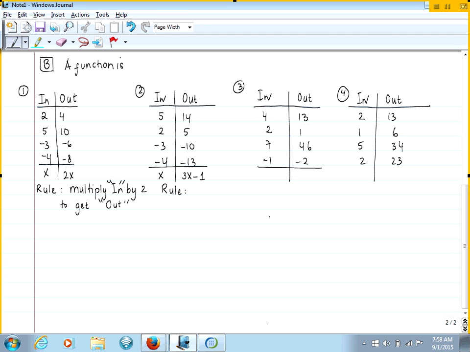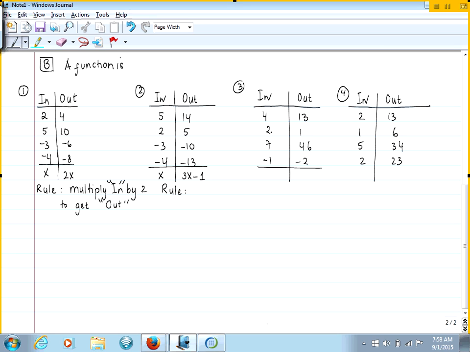What is it? Square it, and then? Okay. Number 3. So square the in, and then subtract 3. Is that true? Now let's check. If I square 4, it is 16 minus 3, 13.